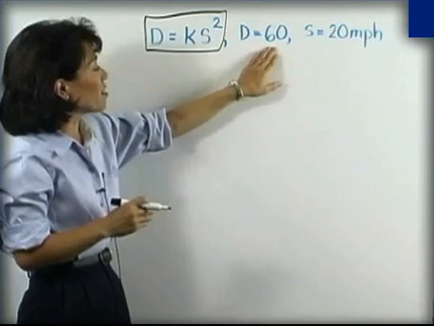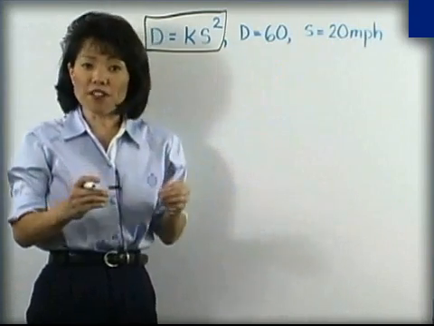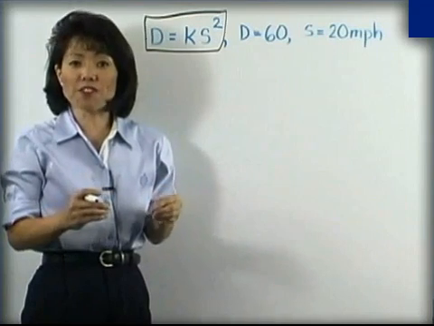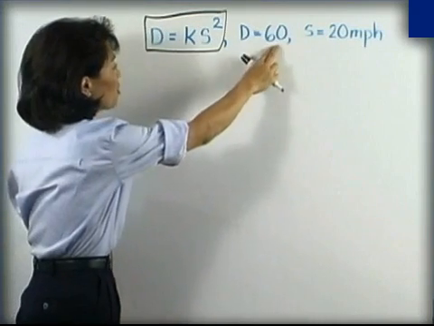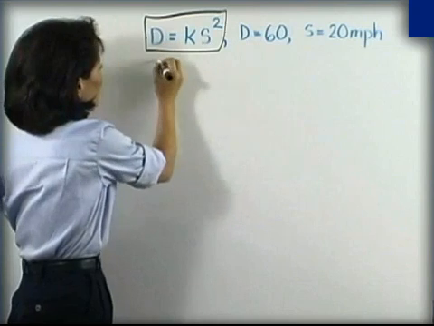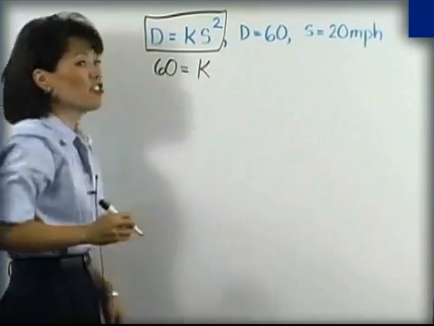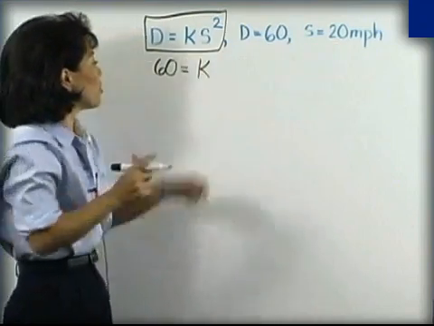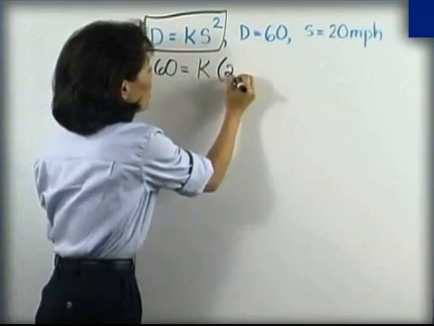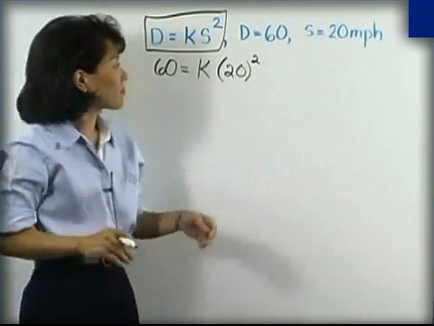So with the distance of 60 feet at a speed of 20 miles per hour, knowing these two facts will allow us to solve for our constant of variation, k. We're going to make the substitution. We're going to let d equal 60. We're solving for k, so we're going to leave that in our equation. s is equal to 20. That's the speed. And notice that it is squared as well.